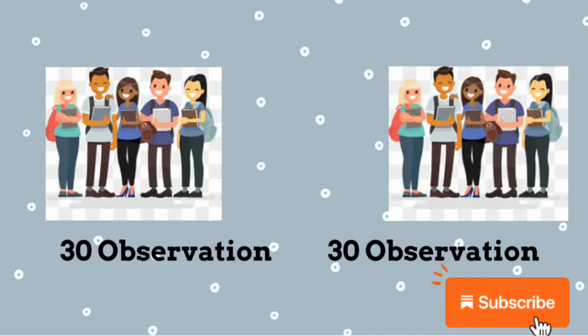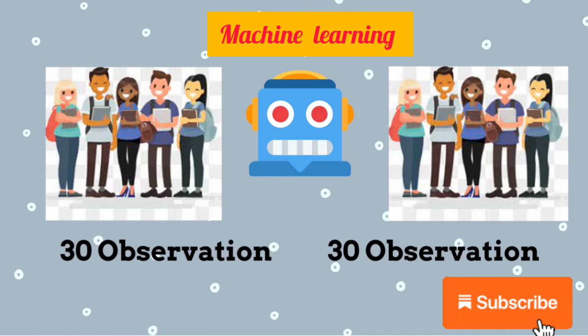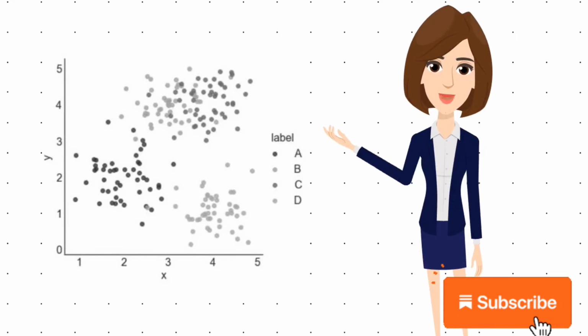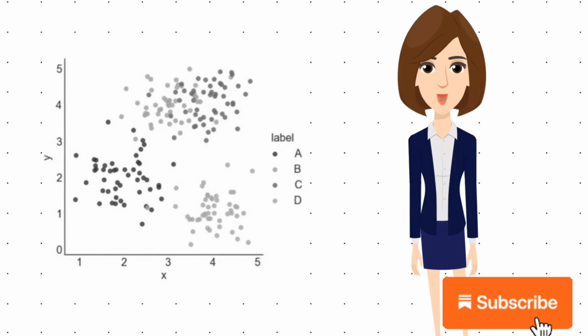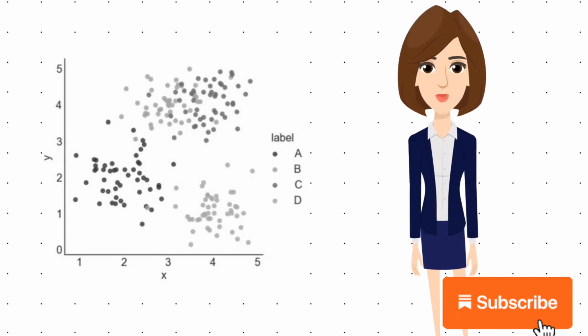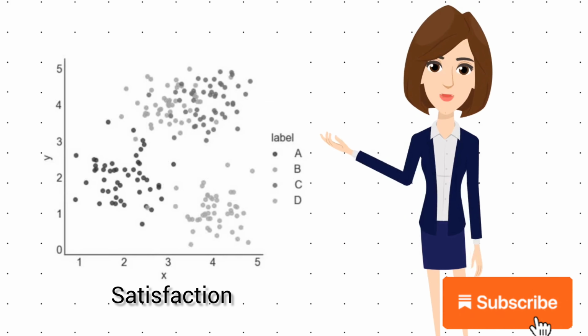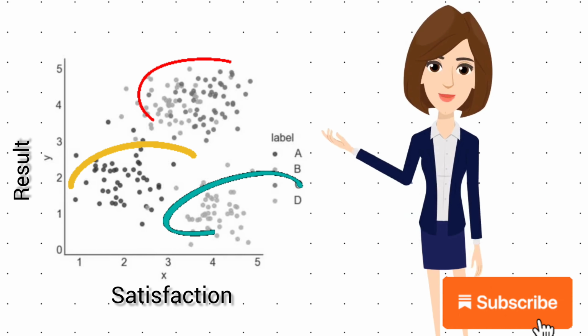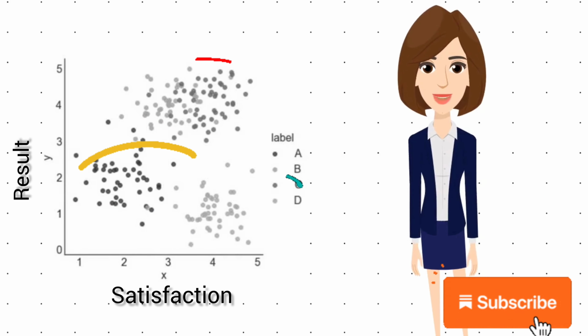In order to do that, we have to apply the concept of machine learning to the given data of the students. For that, we can have a data set, and with the help of that, we can draw a scatter plot. Here we can see that on the x-axis, we take the satisfaction, and on y, let it be the result. And here we can clearly see that there are three distinct clusters in this image.